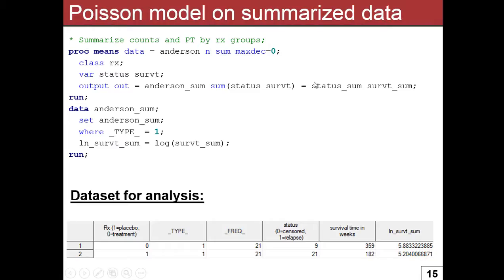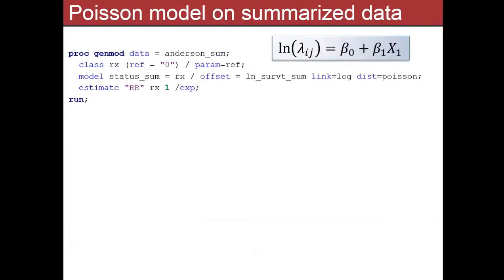So this is what you would do if you wanted to make summarized data for Poisson survival analysis. This is our Cox model, but now it's redone as a Poisson model. We have class treatment, placebo is 1, treatment is 0. So again, we expect an effect greater than 1, because placebo is not good for you.